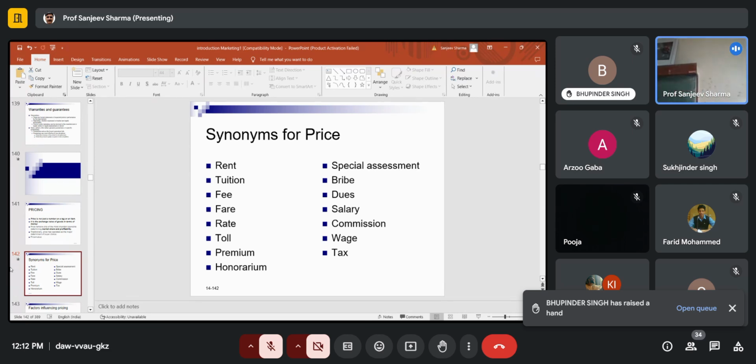When I say markup price, it means the price to be given to the intermediary.